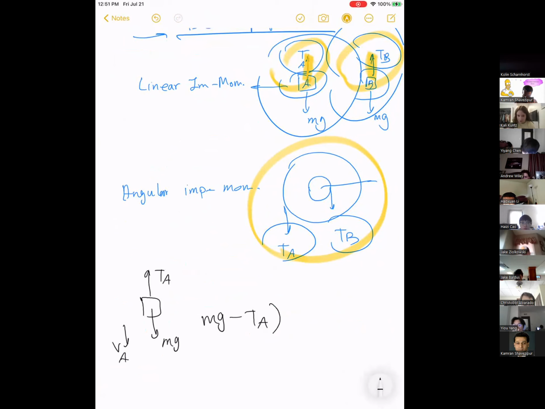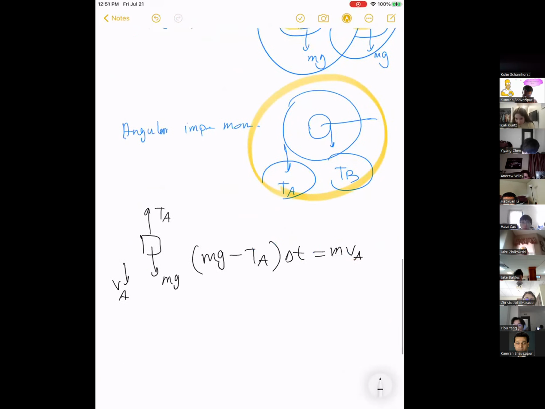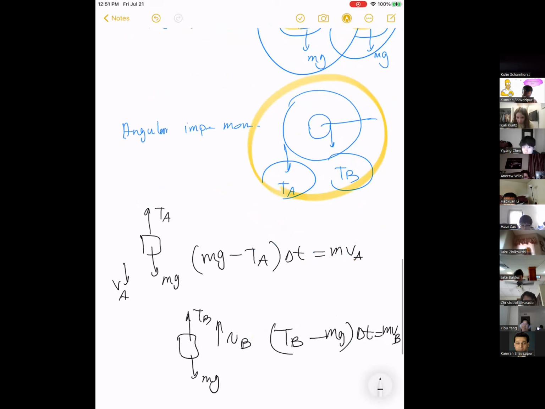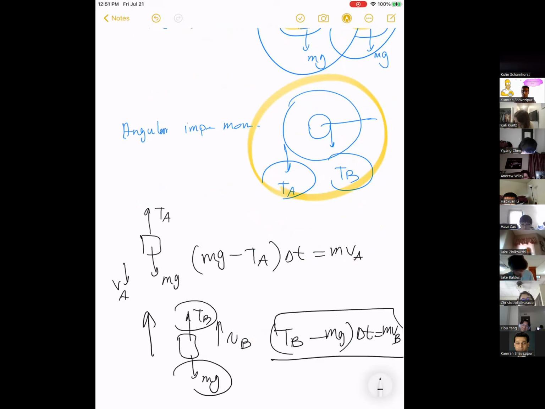This should be mVA. For B, because B goes up, you're going to get TB minus mg times delta t is going to be mVB, right? Because this overcomes this to go up. And if you do that, you should get the same thing. Any question?